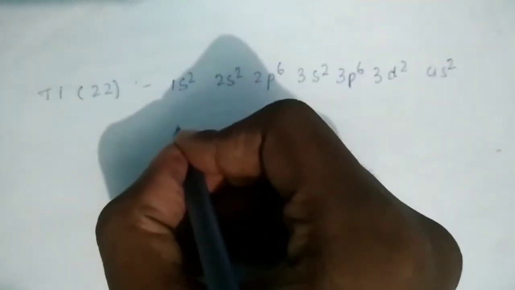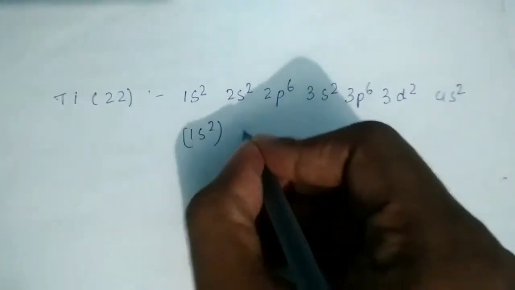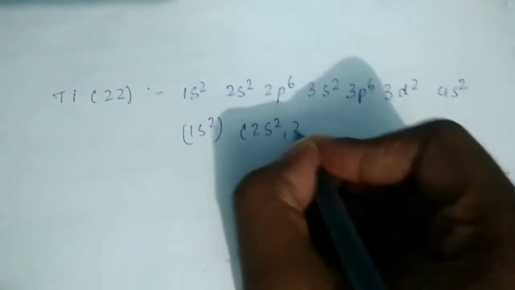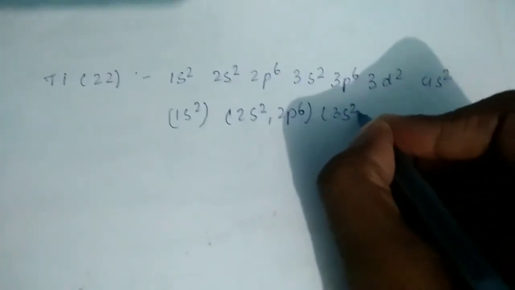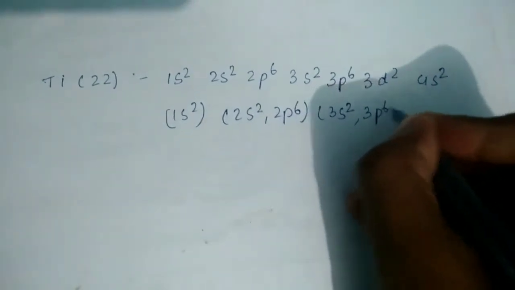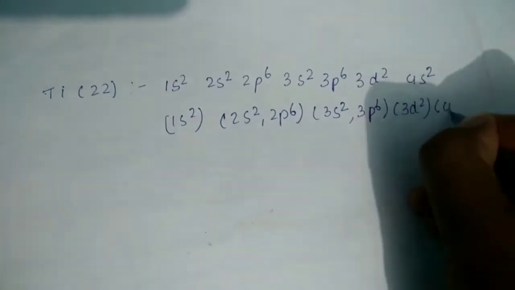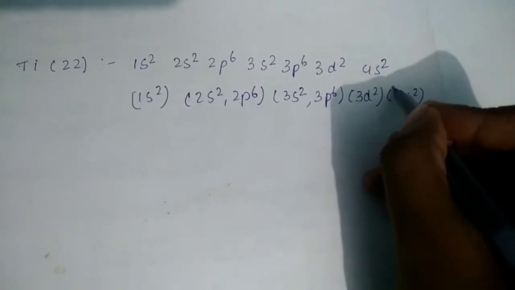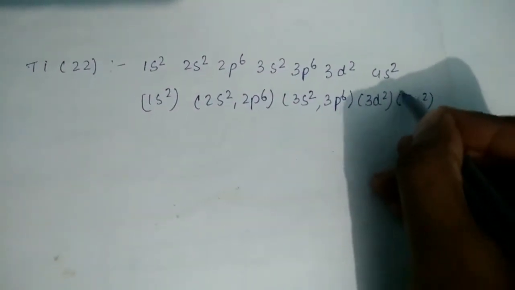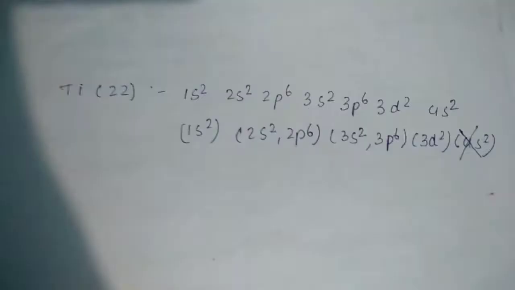Now we will arrange it in Slater's format: 1s2 bracket, 2s2, 2p6 bracket, 3s2, 3p6 bracket, 3d2, 4s2. Here the 4s2 has no significance, so we will not take this. We will calculate for this one.